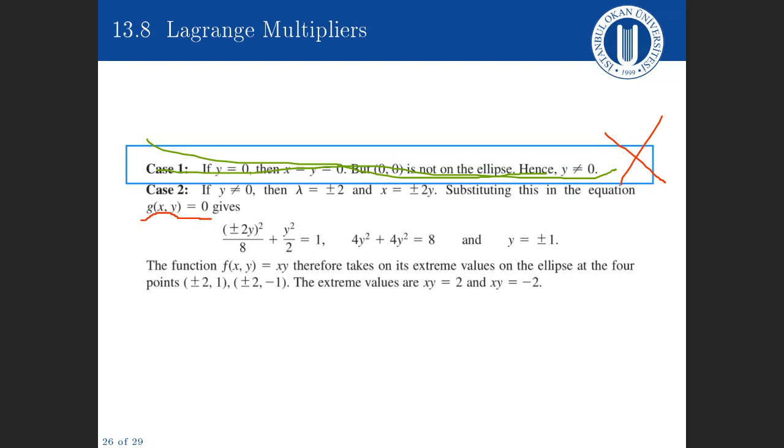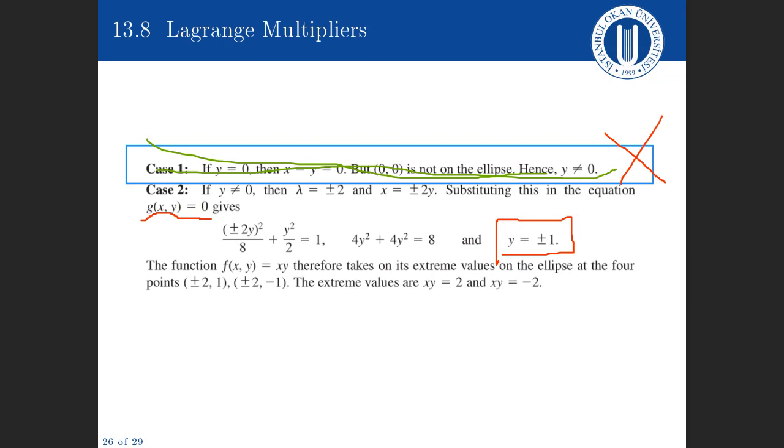Now we pick up our second equation. We take g is equal to 0, and we put this information in. And I leave it for you to check, but after we've simplified this, we find that y must be plus 1 or y is equal to minus 1. So our function f must take its extreme values when y is plus 1 or y is minus 1.